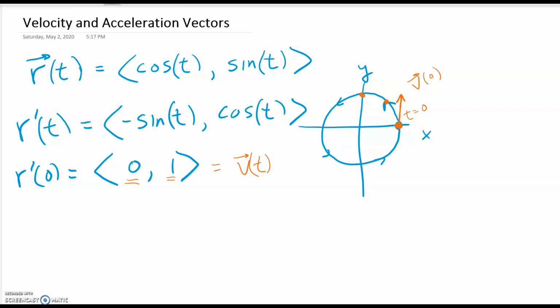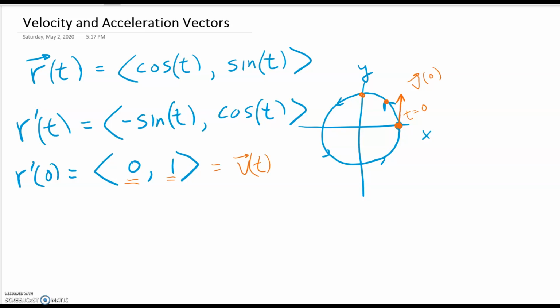Okay. Now, that tells you that your object is moving in a counterclockwise direction, and at time 0, let's say that it was like a roller coaster, and suddenly you jumped out of the roller coaster, you would go in that direction of the velocity vector if there is nothing causing you to move in that counterclockwise direction anymore.